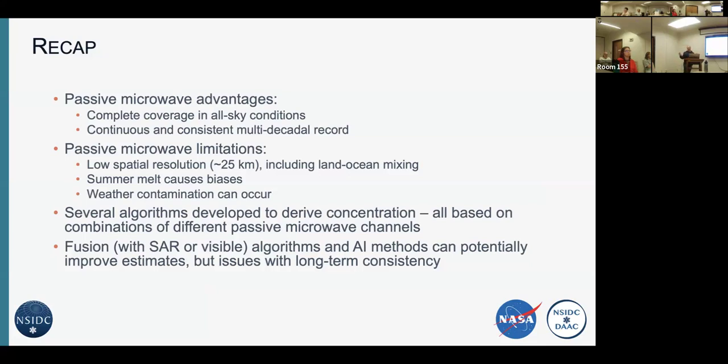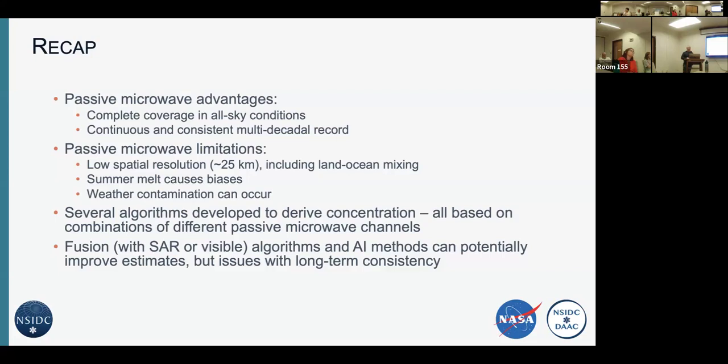We use extent because that's basically a total area covered by a certain threshold, 15%. It's pretty good even under melt conditions. It's saying there's ocean or there's ice here, but exactly the concentration is where it becomes challenging and the errors get high. So that's why we use extent, which is just anywhere it's above 15%. And you can get weather contamination.